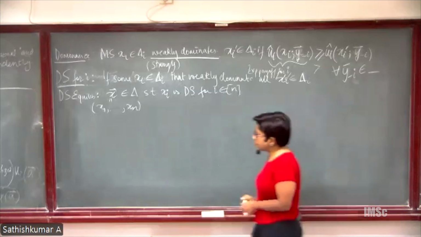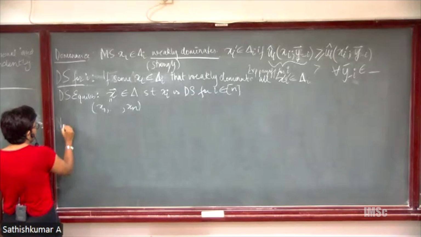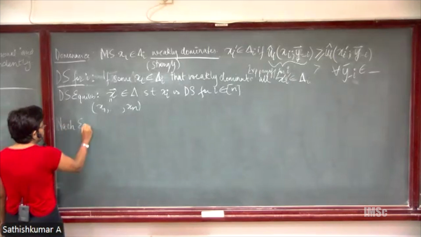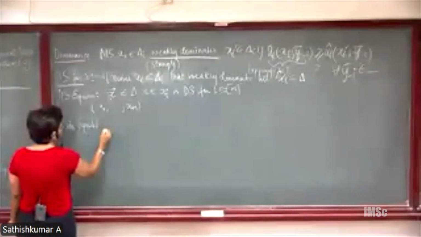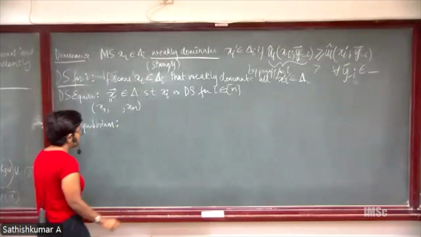So in the absence of a dominant strategy equilibrium, we talk about this thing called Nash equilibrium, named after John Forbes Nash. This is what Dipro was saying.